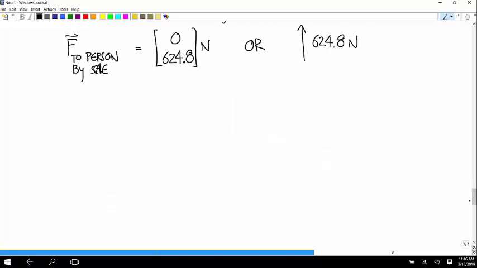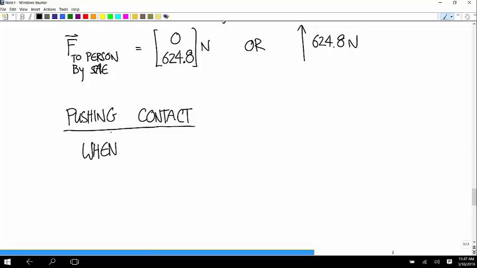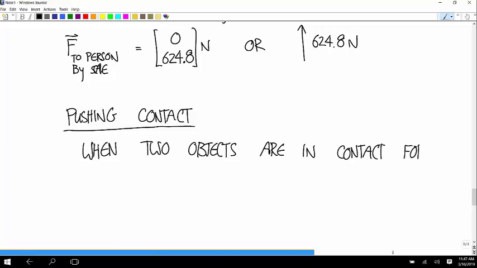Let me do pushing really quick. So when two objects are in pushing contact with each other, so the contact force between them is keeping them from merging, that's the whole key here.